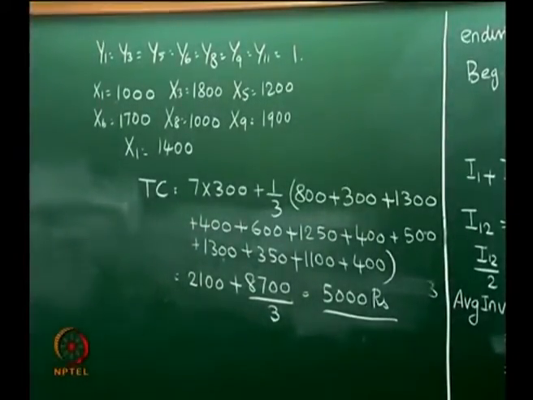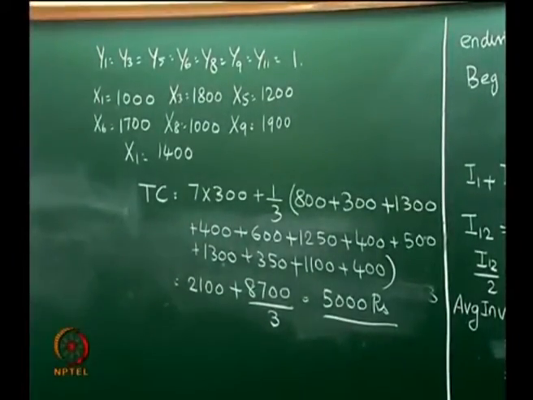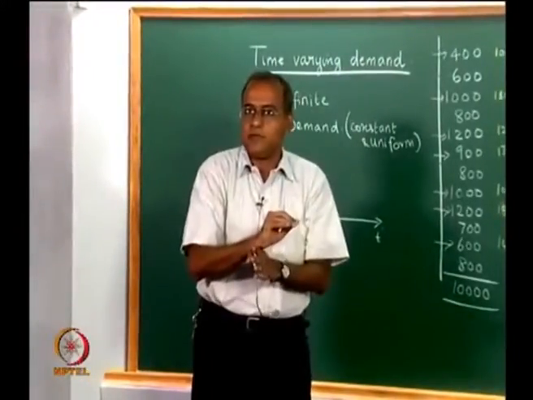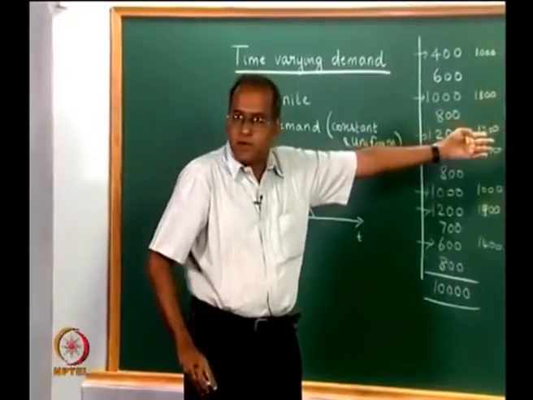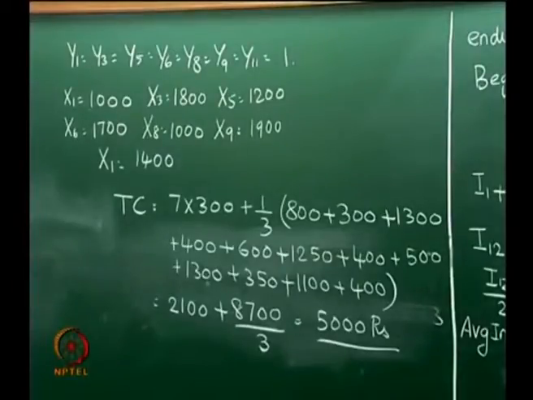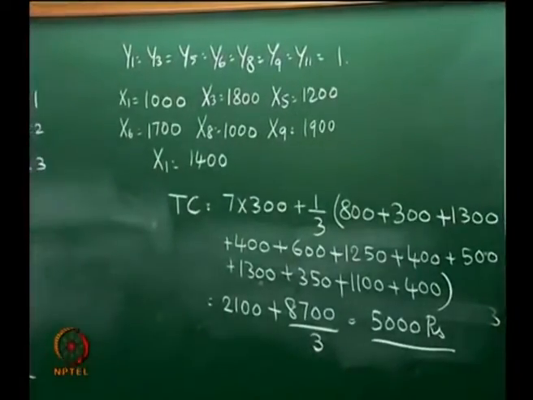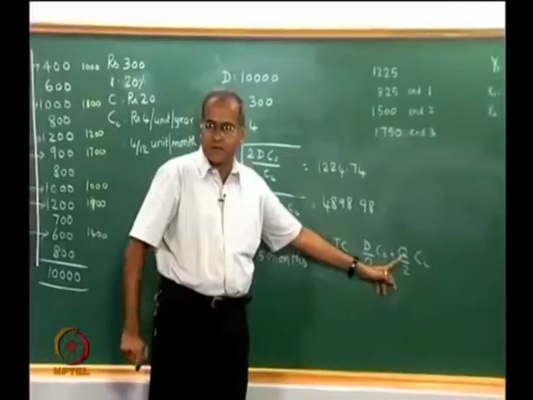So using the economic order quantity per se and implementing it, even though it is implementable, as in this example it is fine, but then the correctness of the average inventory will come into question.